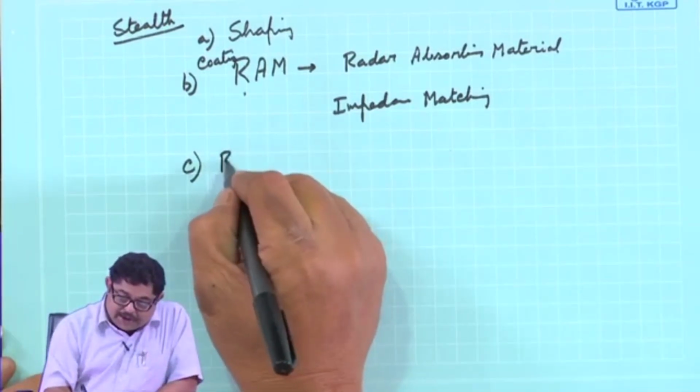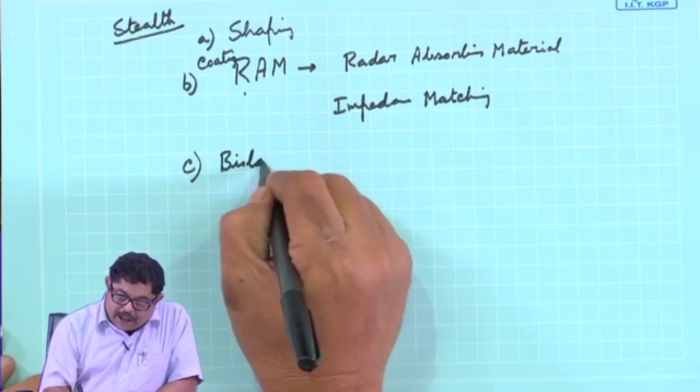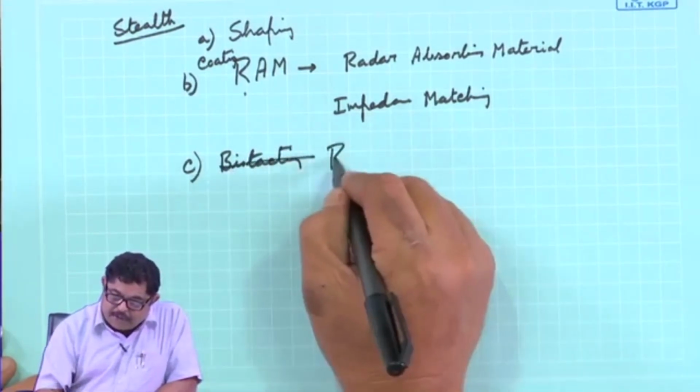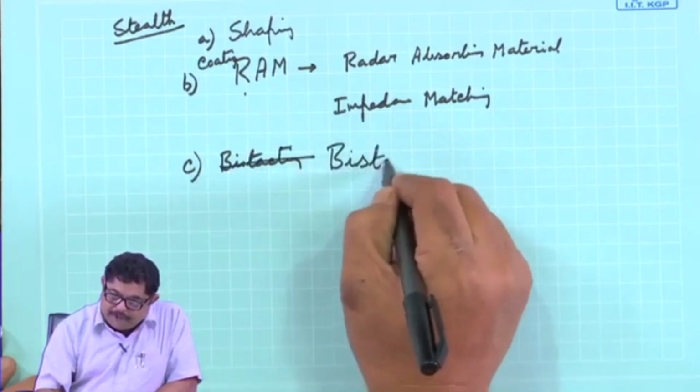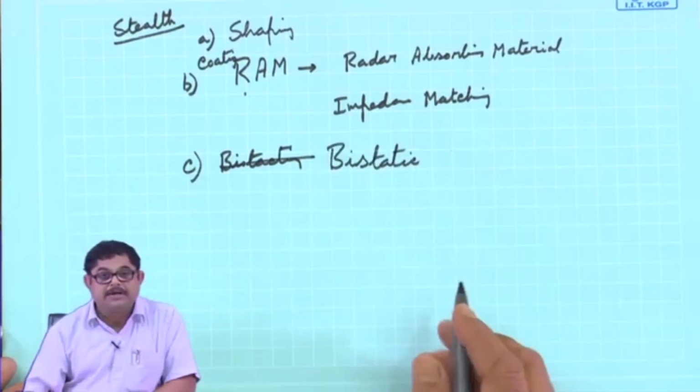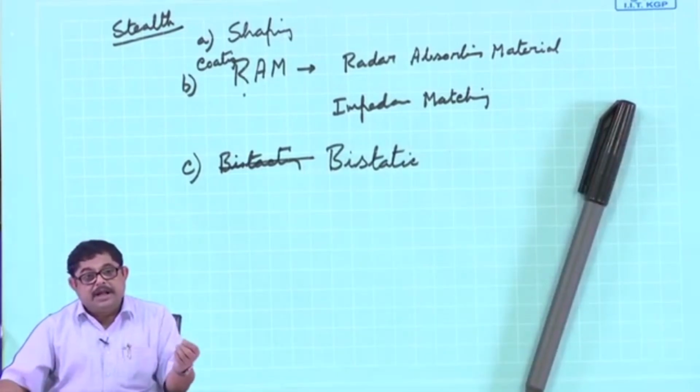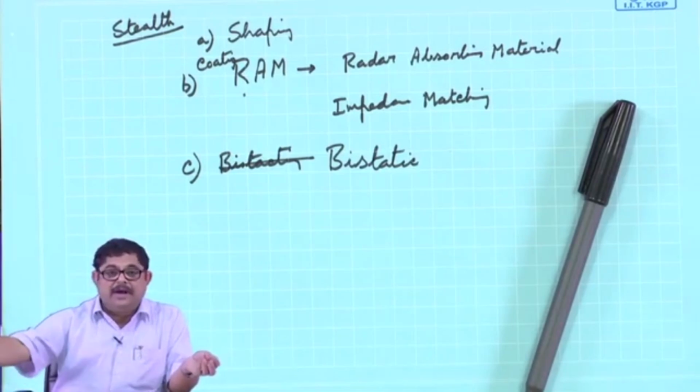So, that is also another thing, that you can have your radar in bistatic operation, but then electronics is a challenge, because the transmitter and receiver are at two different positions.